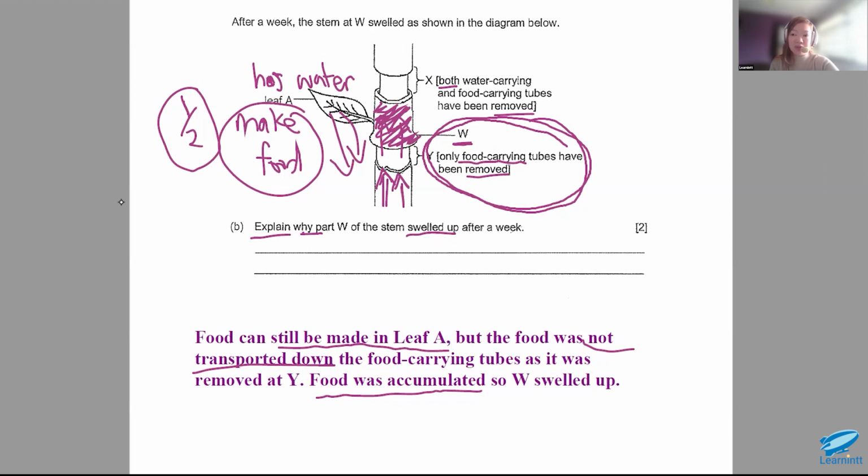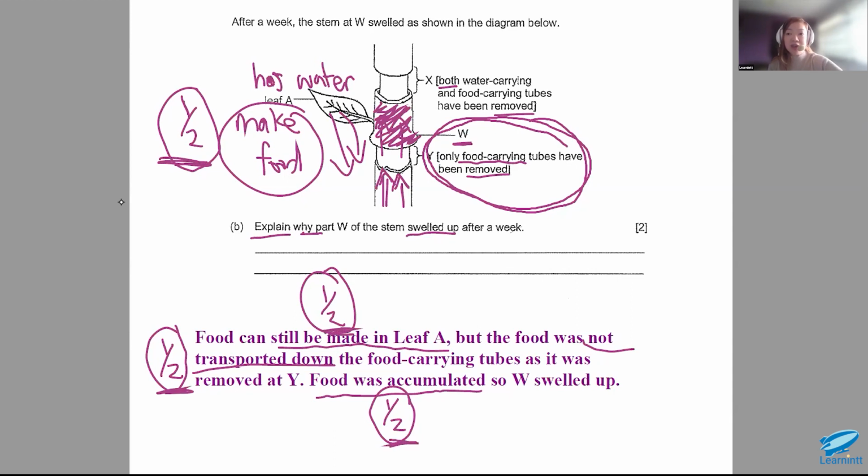It's not 100% thing. Now, food can still be made at leaf A, another half mark. Not transported down because the tubes were removed, another half mark. Accumulation of food, so it swelled up, another half mark. Half mark over here, half mark over here, half mark over here, half mark over here. In total, 2 marks. Done.